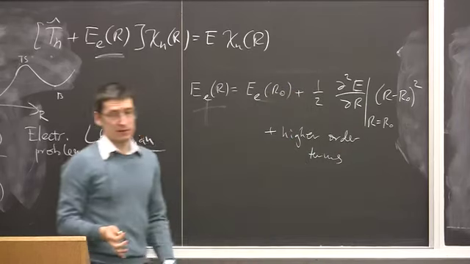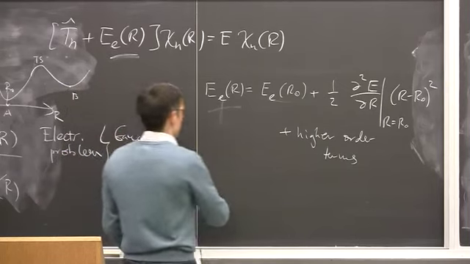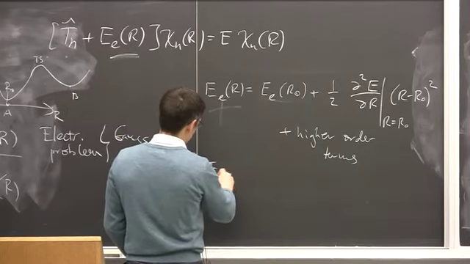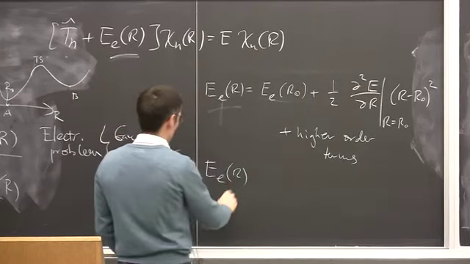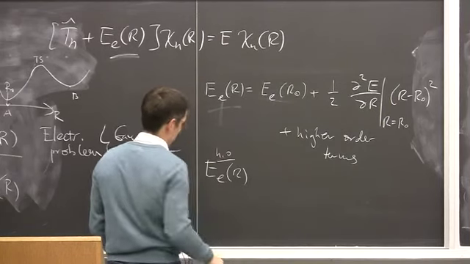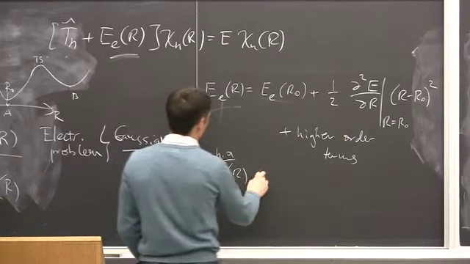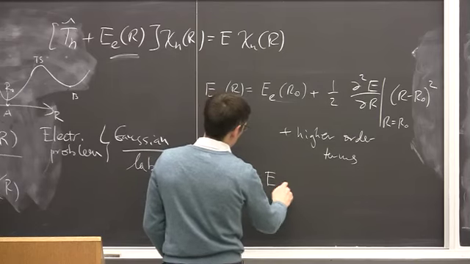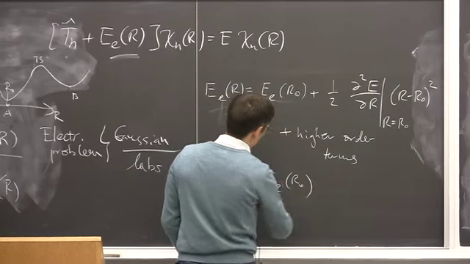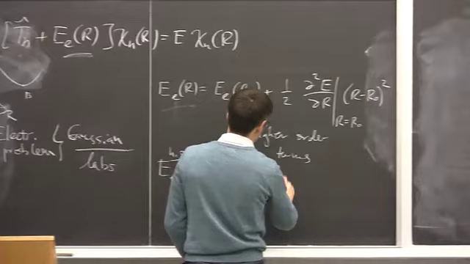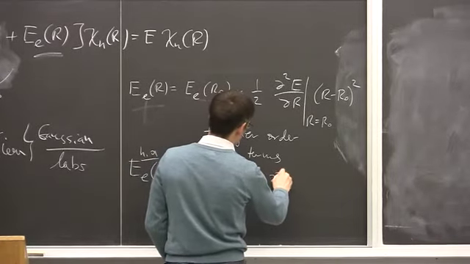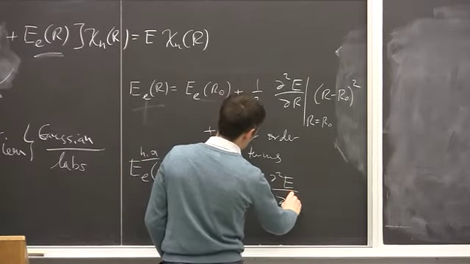that we will neglect. Okay, so we will consider only the so-called harmonic approximation, where we leave the constant term plus the first non-trivial term, which is the second order term.